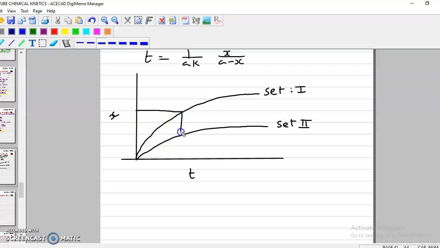With respect to this we have one t. So this is x1 and here we call it t1. Now half of this will be this one, and we go ahead like this, and then we have x2 and this is t2.